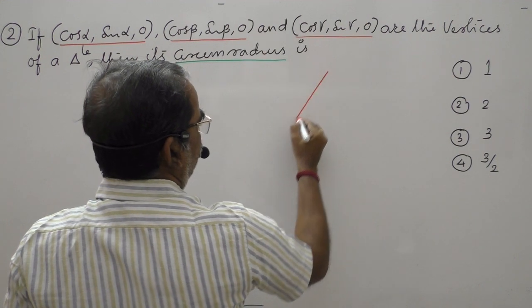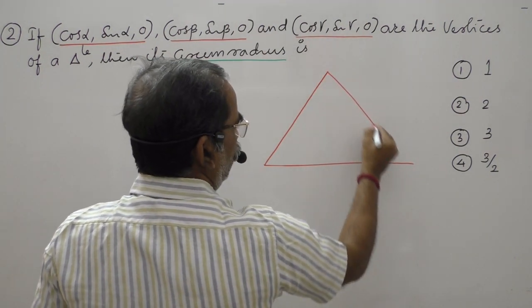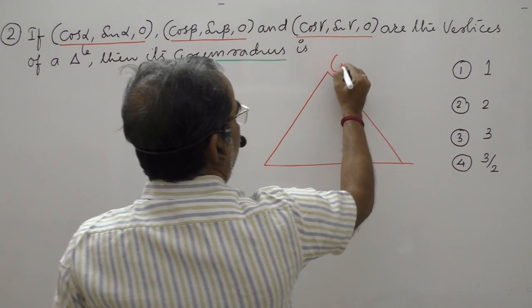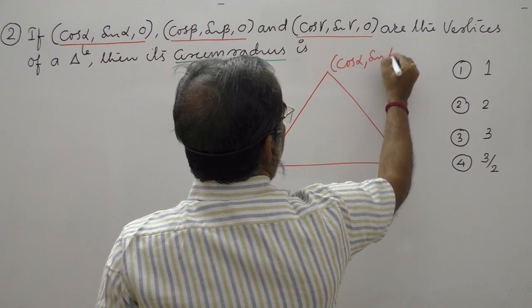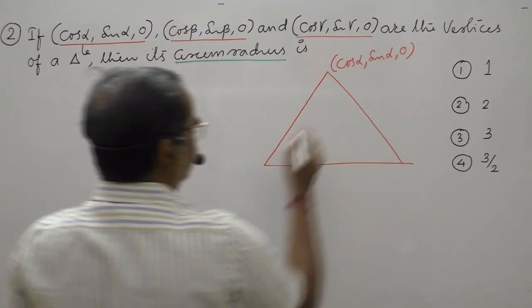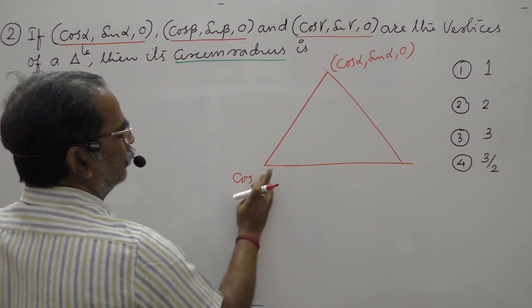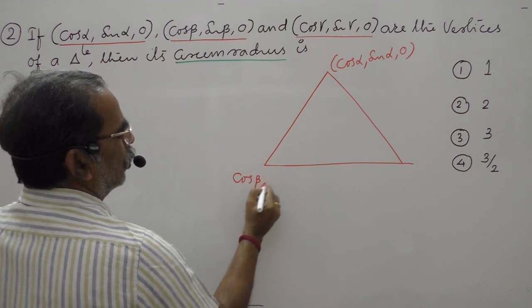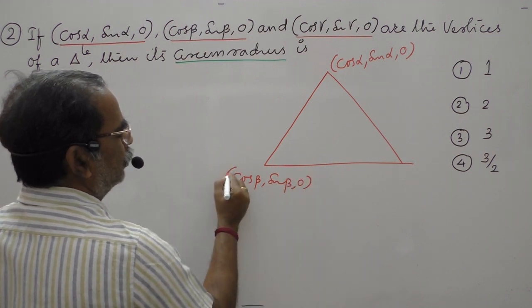Say this is the given triangle where three vertices are given: cos alpha, sin alpha, comma 0. Cos beta, comma sin beta, comma 0.